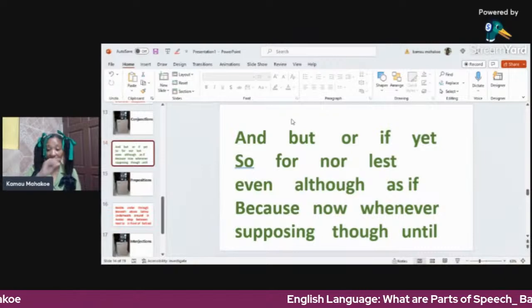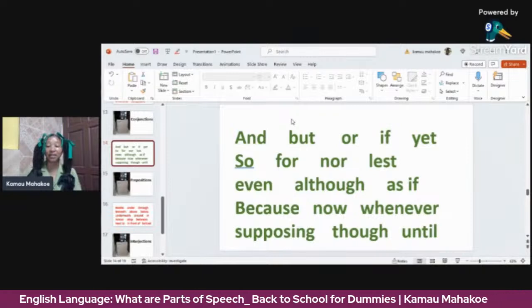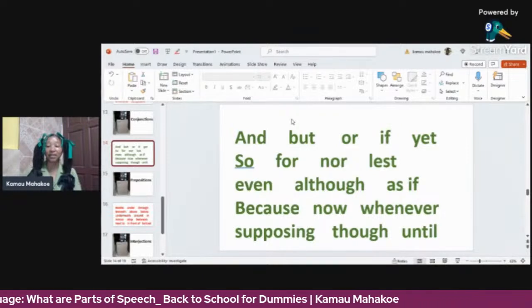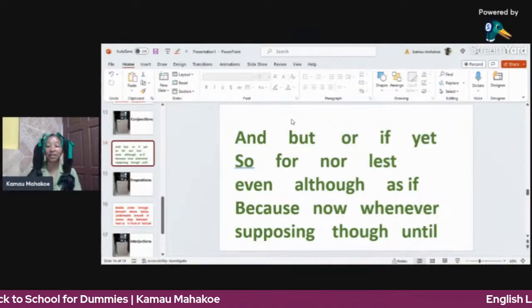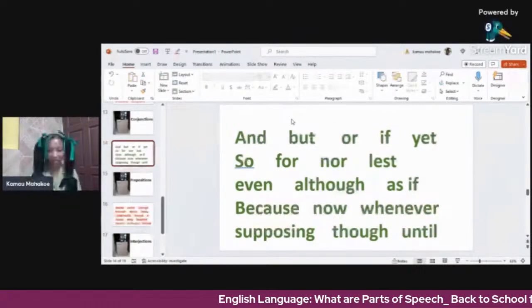Or any of these conjunctions here. So conjunctions are join words, they join phrases, they join sentences.